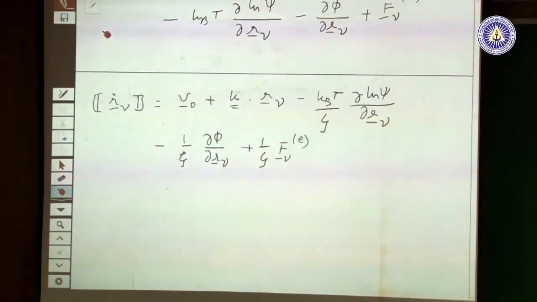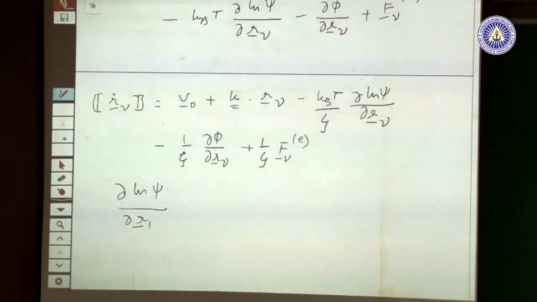Of course, we can write this for bead 1 and bead 2, and that is what we are going to do next. But before we do that, I want to write everything in terms of connector vectors. So, if I have del log psi by del R1, remember psi is a function of either R1 and R2 and time, or Q and time, right.